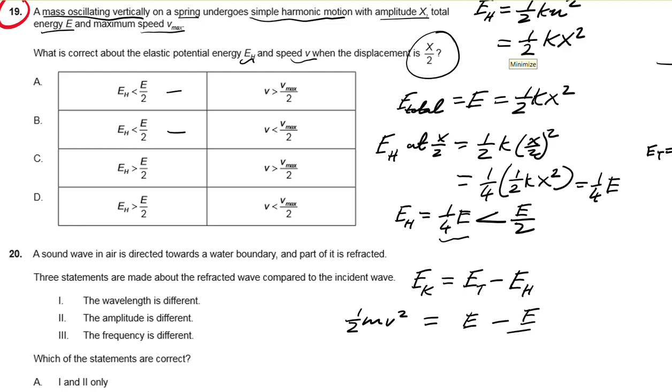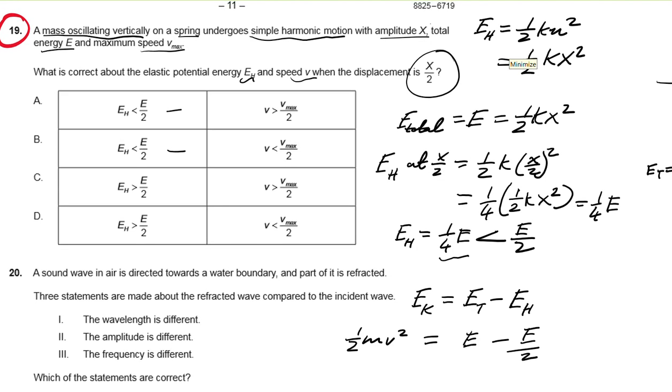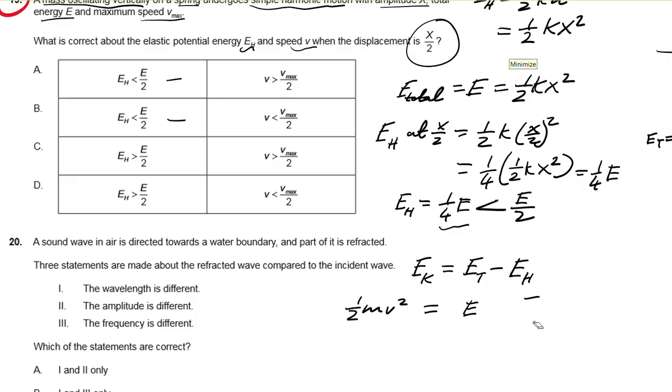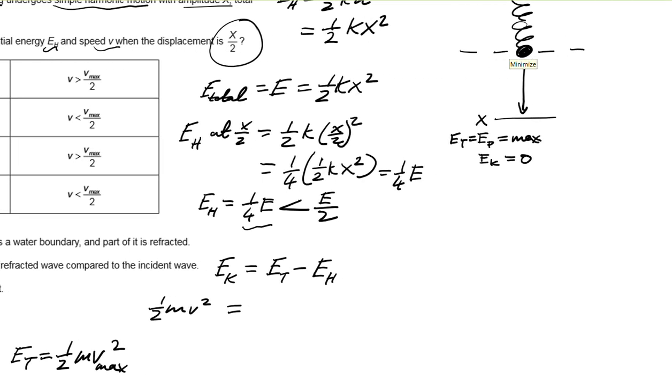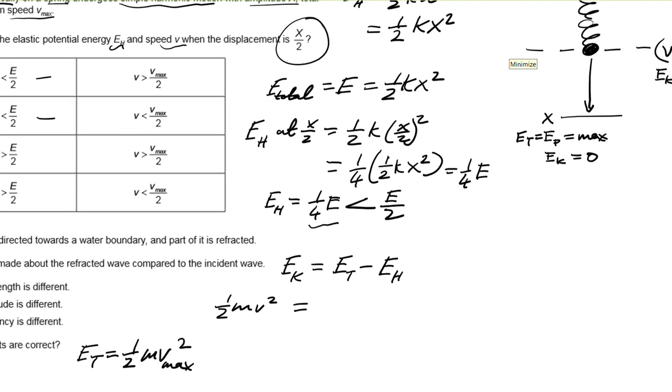Yeah, we can do it like that. But we want this in terms of V max. Okay, so E total is also going to be half mv max squared, and that is when we're at this equilibrium point. So V max is here, or EK max.